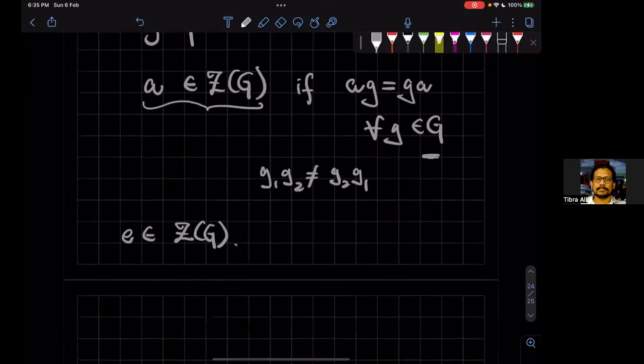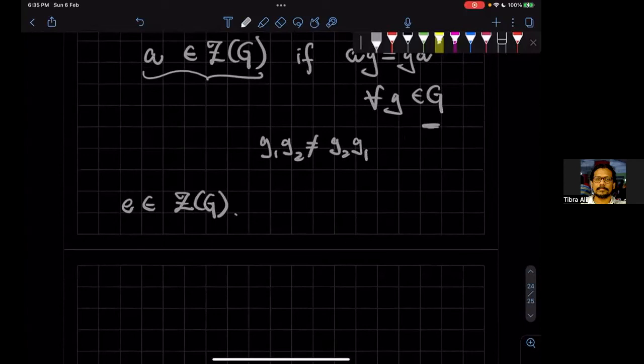So it has an identity element. Since A is in the center, that means that Ag is gA.